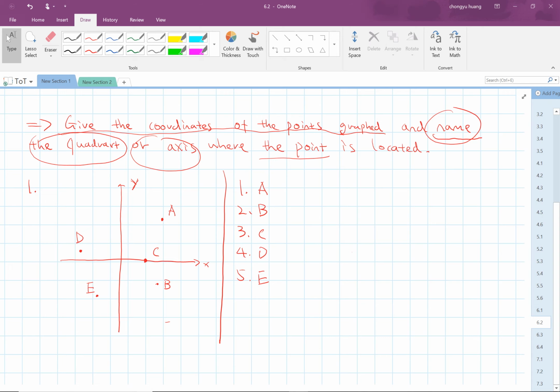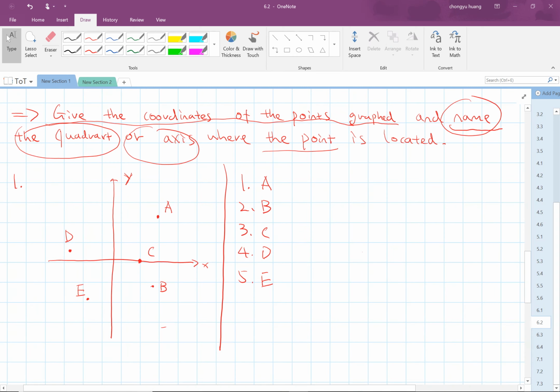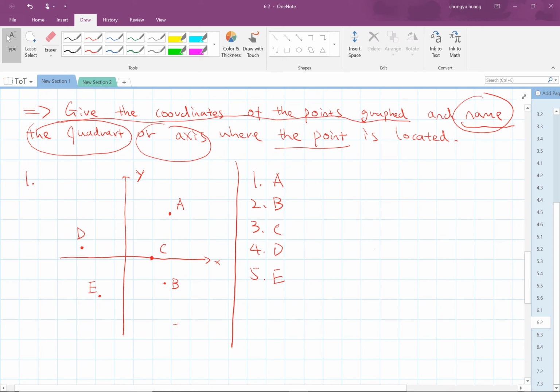That's basically the meaning of this question. So make sure you read really well when you're doing a question, so you know what you have to do.